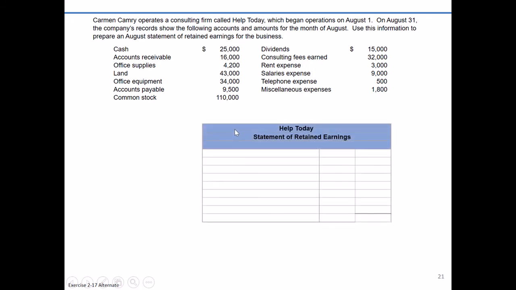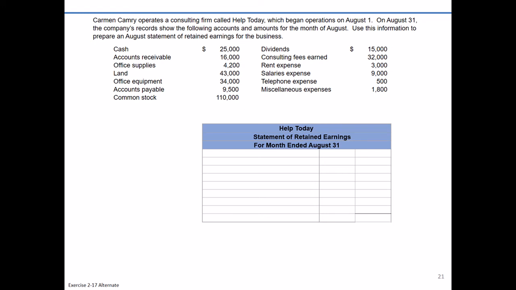Very similar to our income statement, we first list our company name, which is still Help Company. We list that this is a statement of retained earnings, so we list the title of the statement. The next important item is to indicate the time. It's important to determine whether certain statements measure a period of time, while some indicate a point in time.